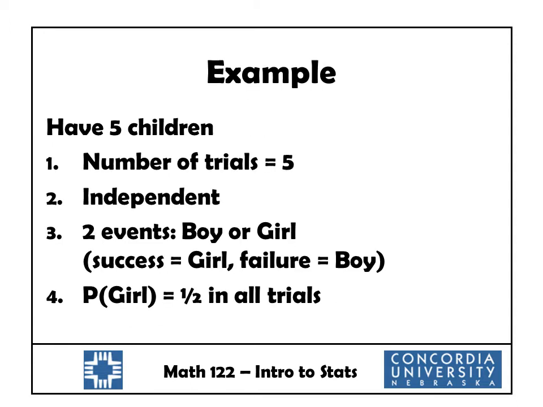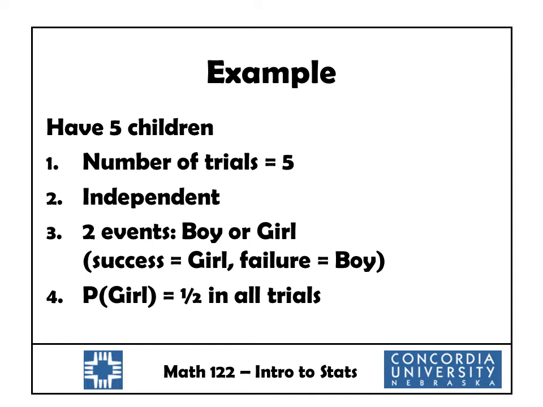So as an example, suppose we have 5 children and we're interested in their genders. Here we have 5 trials. They're independent because the gender of one child has no effect on the gender of any other. We have 2 events, either boy or girl, and we'll call a success a girl and a failure boy. Again, we don't mean that one is good and the other is bad, just means that we're interested in girls in this case and we're not interested in boys.